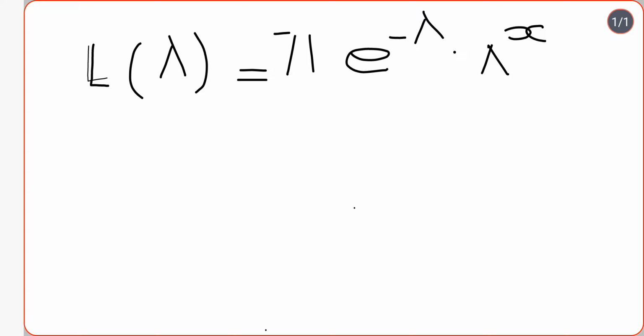For denoting that product I have to give pi, i starting from 1 to n. Here this pi denotes that it is in the product form, and in the denominator I have to give x factorial.